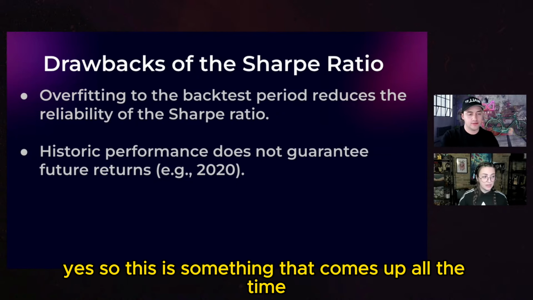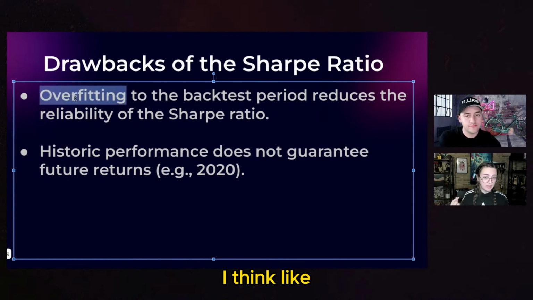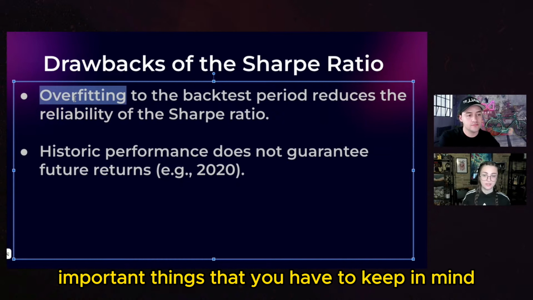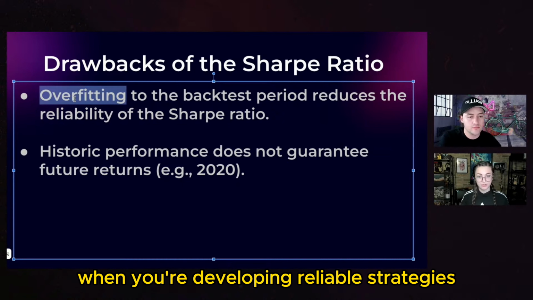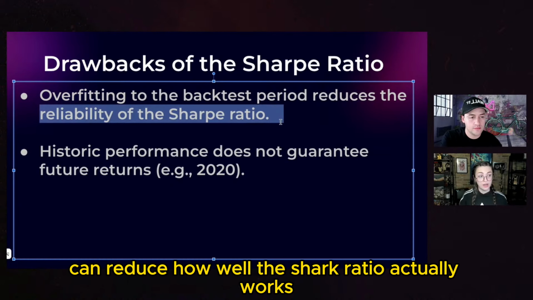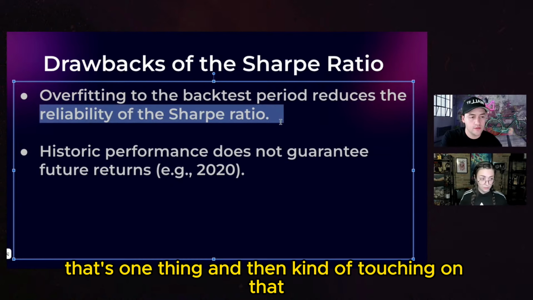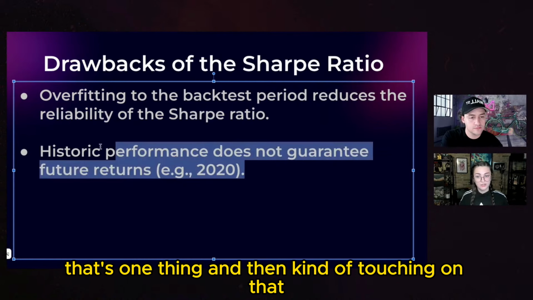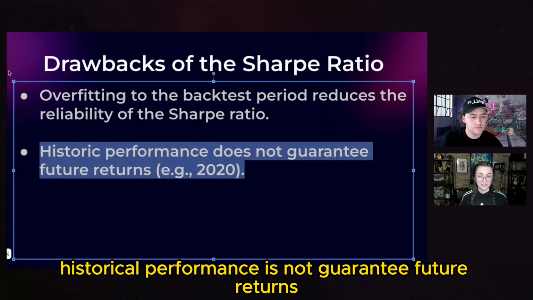Yes. This comes up all the time in quantitative finance, and it's one of the most important things to keep in mind when developing reliable strategies. If you're not careful, it can reduce how well the Sharpe ratio actually works. That's one thing. And touching on that, historical performance does not guarantee future returns.